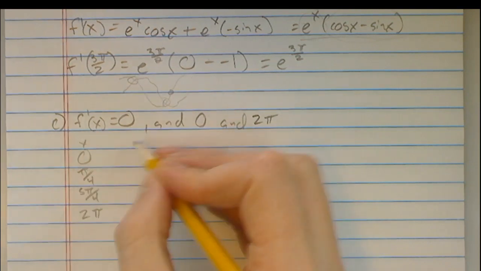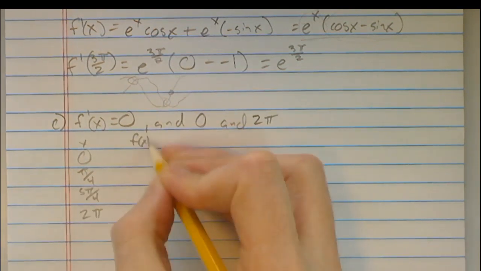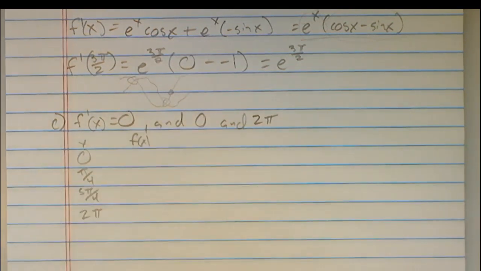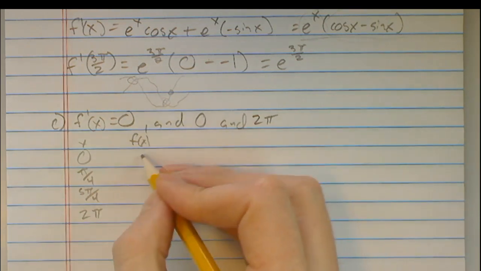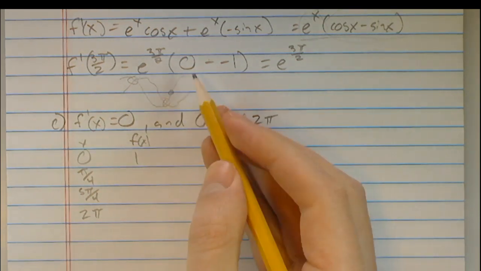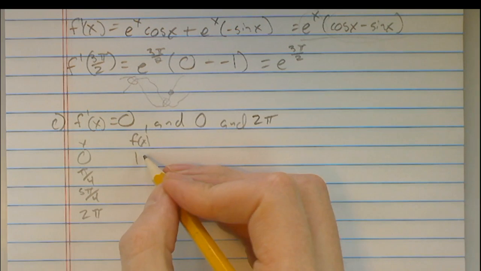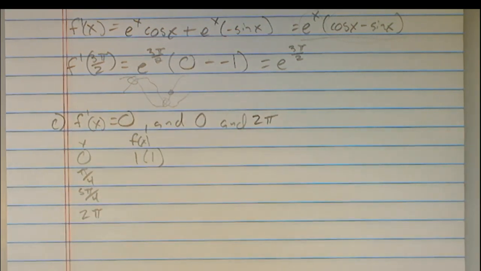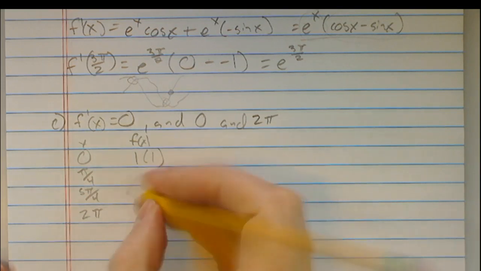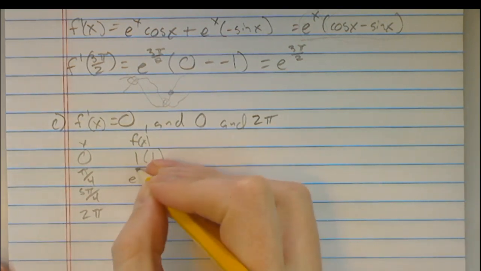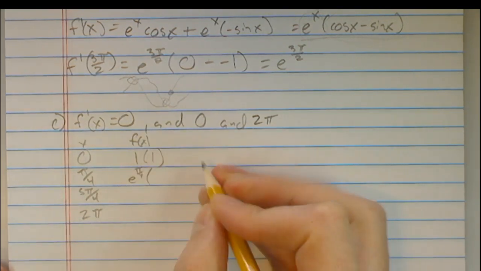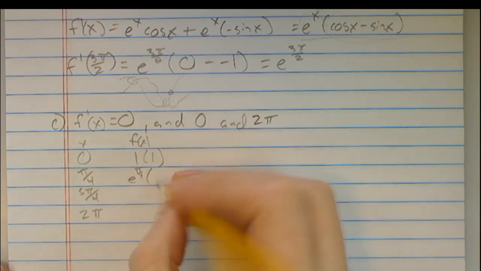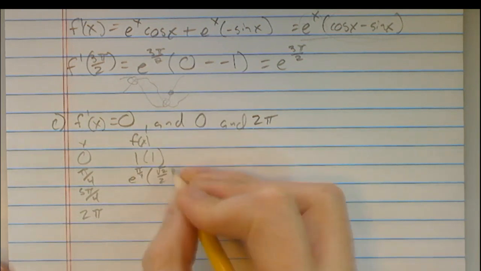All right, so this is x. We want f of x. When I plug in 0, I get 1, and cosine of 0 is also equal to 1. We'll have e to the pi over 4 times cosine of pi over 4, which is square root of 2 over 2.